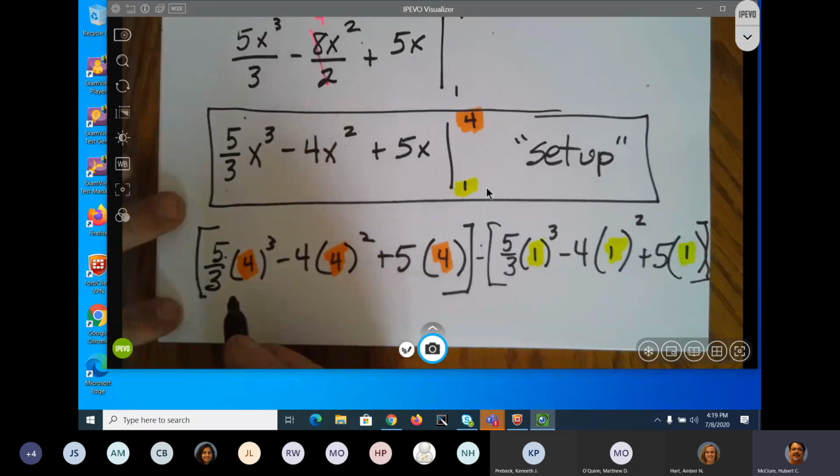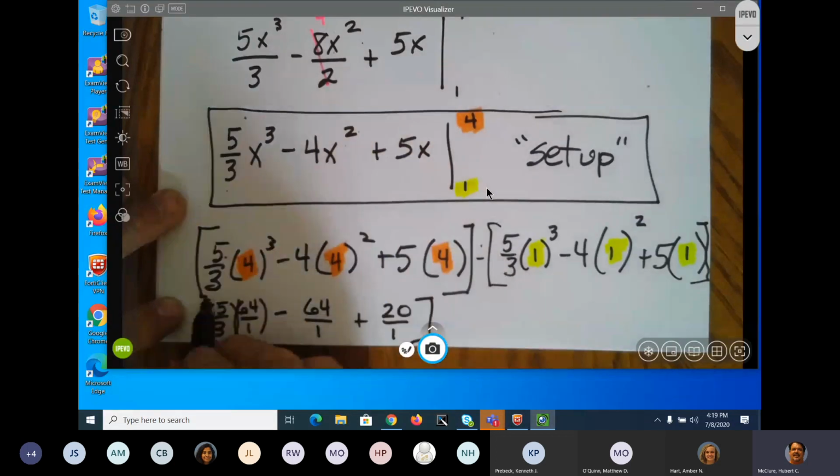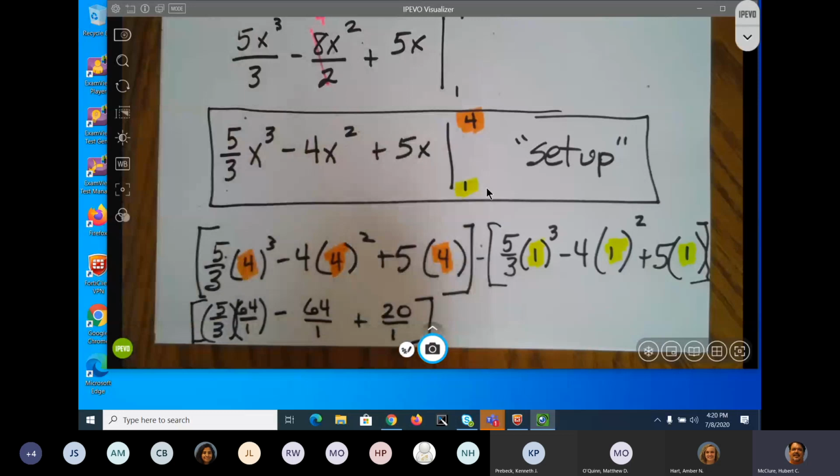So that's going to be 5/3 times 64, minus 4 to the third power, which is 64 over 1, plus 20 over 1. Now notice I'm making everything fractions because I've got a fraction right there, and that turns everything else into a fraction.